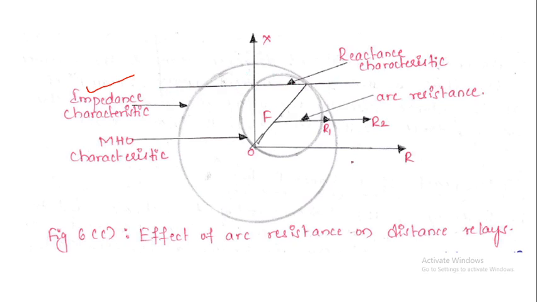So the three different distance relay characteristics are represented in this diagram. These are the three relay characteristics we have already discussed. Now our discussion is how arc resistance is going to affect the performance of each individual relay.